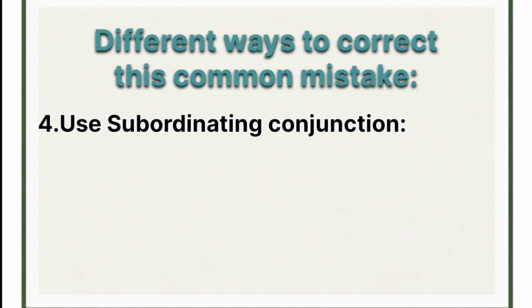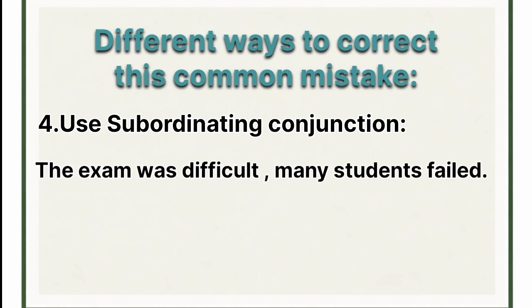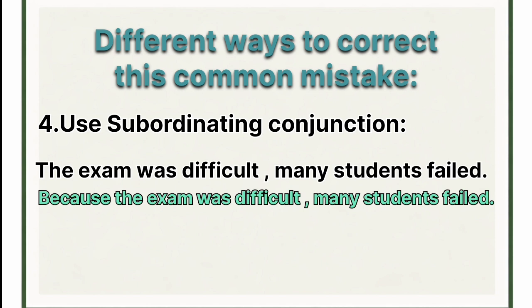The first example, the exam was difficult, comma, many students failed. We correct this sentence using the subordinating conjunction because. So the correction would be: because the exam was difficult, many students failed.